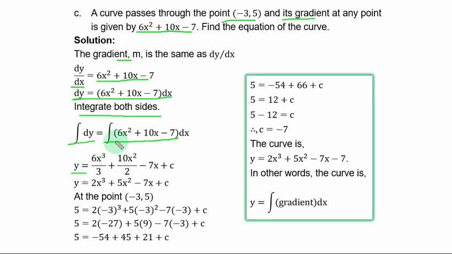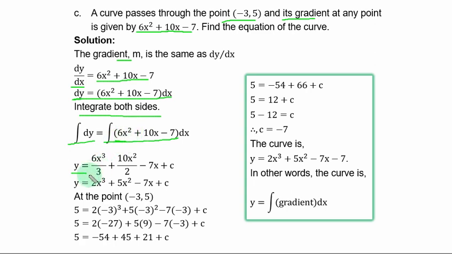Using the integration rule for algebraic functions, the integral of s to the power n ds is equal to s to the power n plus 1 over n plus 1, plus c. So when integrating, you simply add 1 to the existing power and divide by the new power.